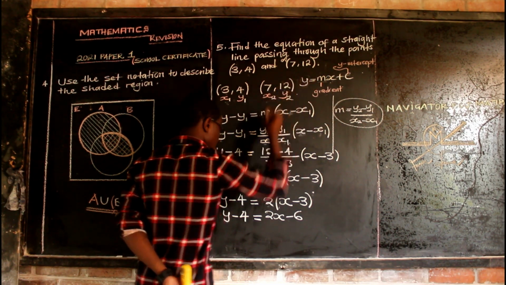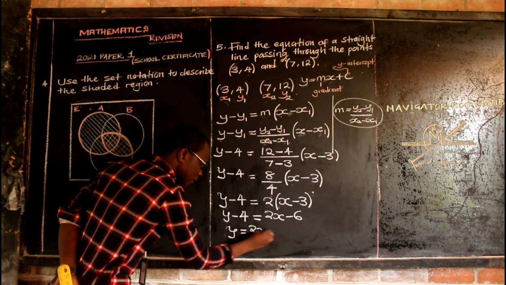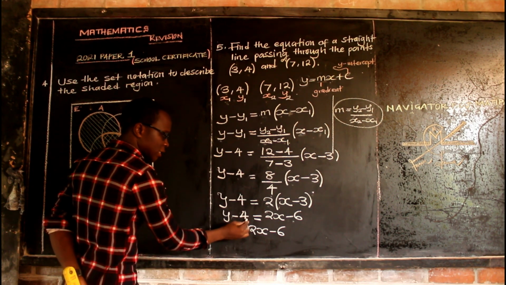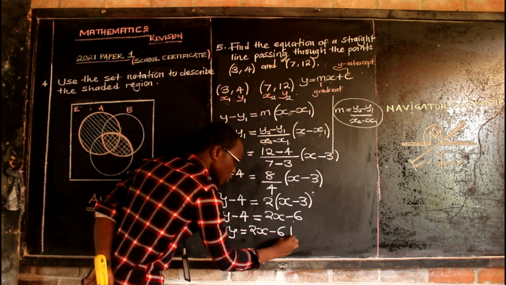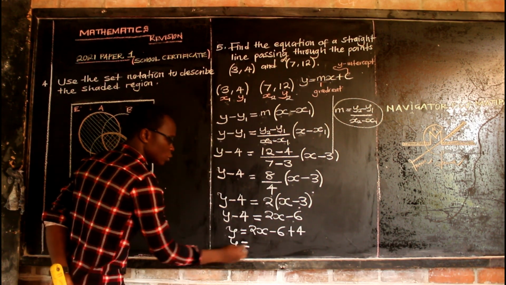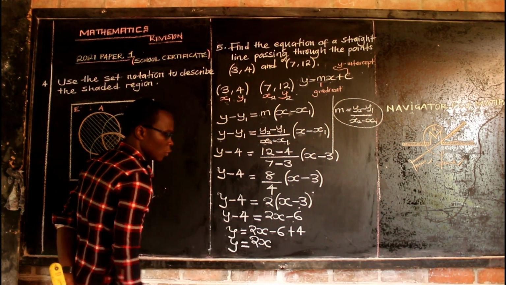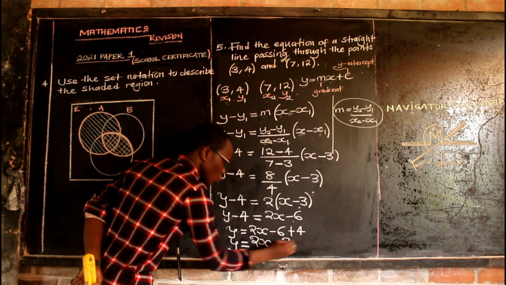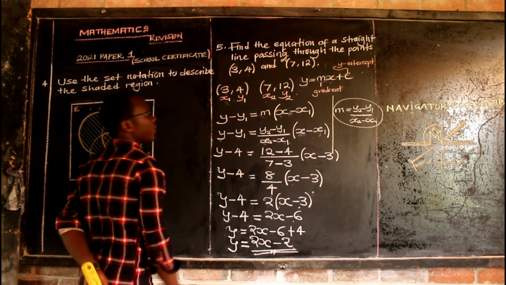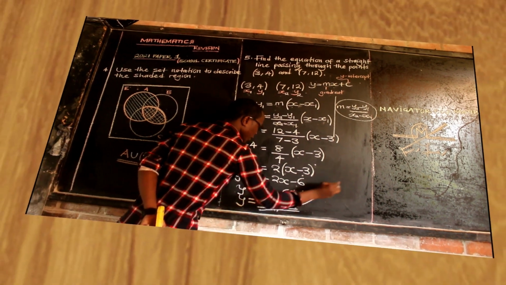So y is equal to 2x minus 6, and when you transpose this negative 4 to the other side, it becomes positive 4. Then y is equal to 2x negative 6 plus 4, you obtain negative 2. So this is the equation of a straight line passing through the points 3, 4 and 7, 12. So this is the way you answer.